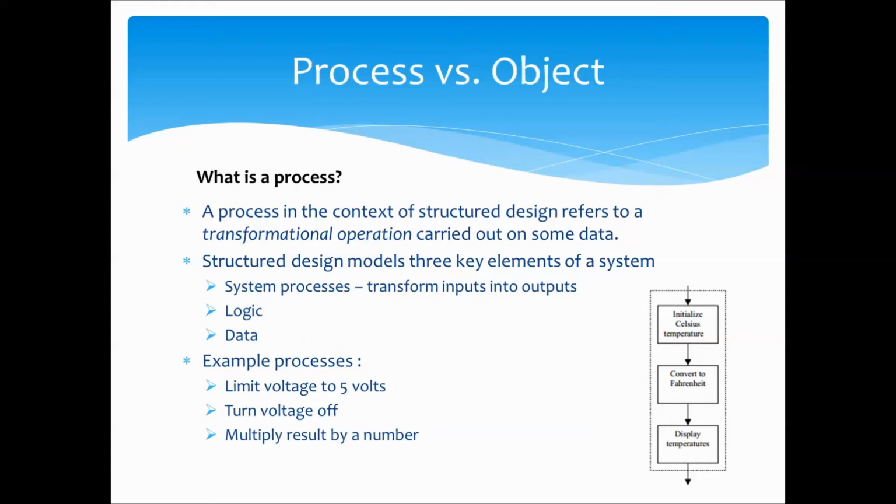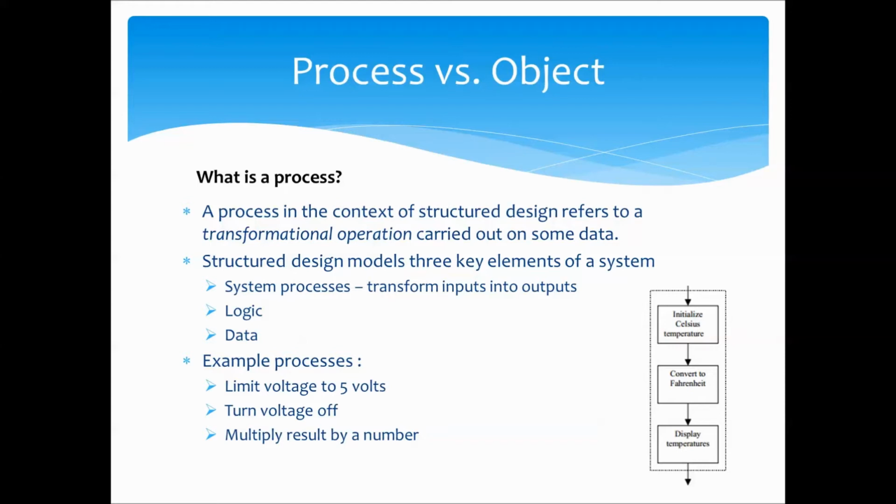Now let's look at what is a process. So a process in the context of structured design refers to a clearly identifiable and delimited transformational operation within the business that fulfills a specific function, basically by capturing, manipulating, storing, or distributing data somehow.